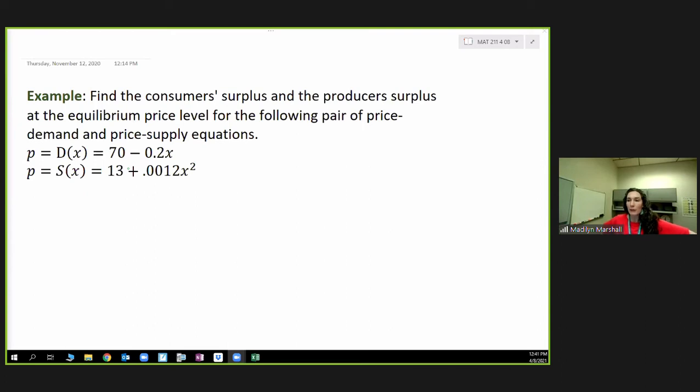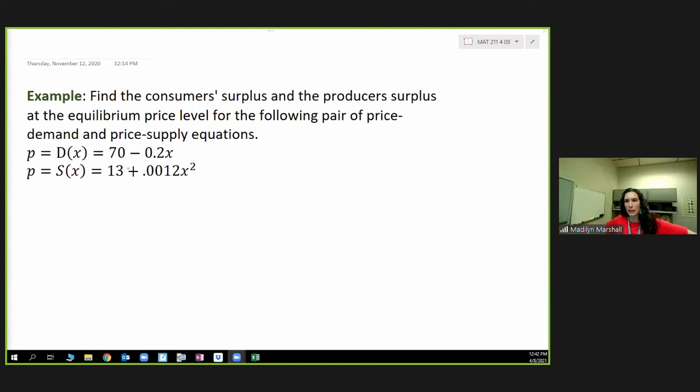So this problem, we have the price demand and price supply equations in one problem, and we're asked to find consumer surplus and producer surplus. And we want to find those at the equilibrium price level.